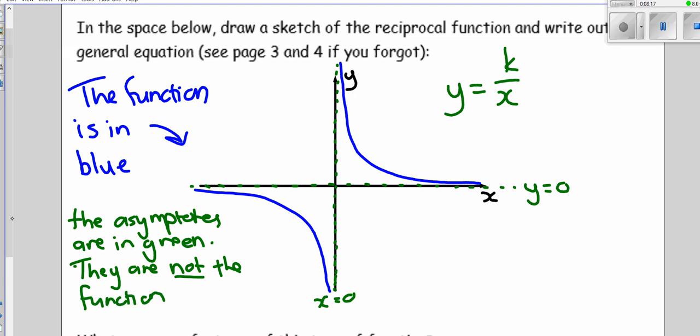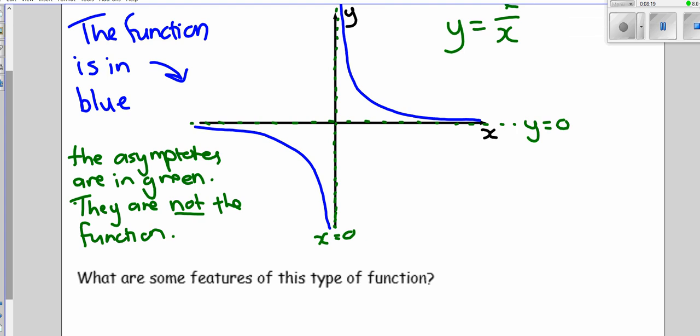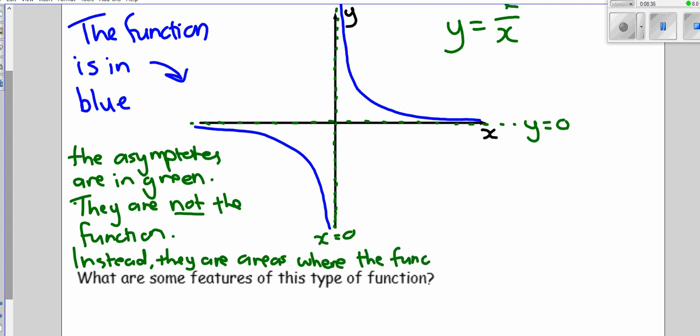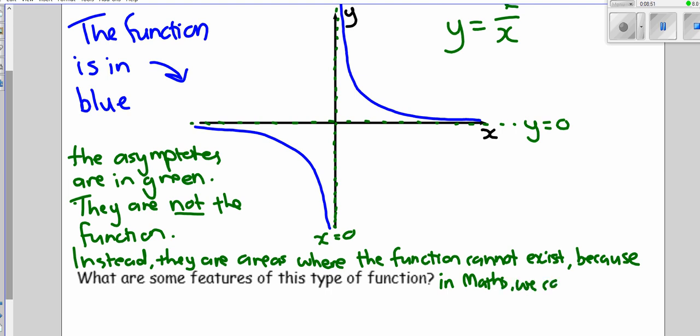Instead, they are areas where the function cannot exist, because in maths we cannot divide by what number?